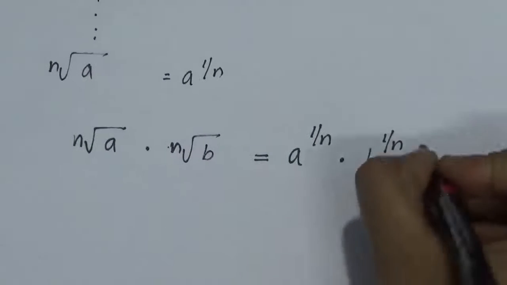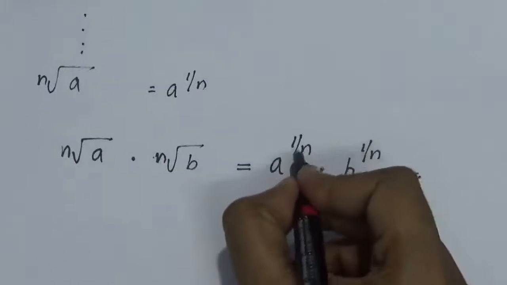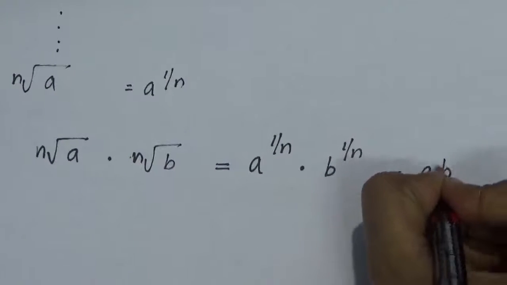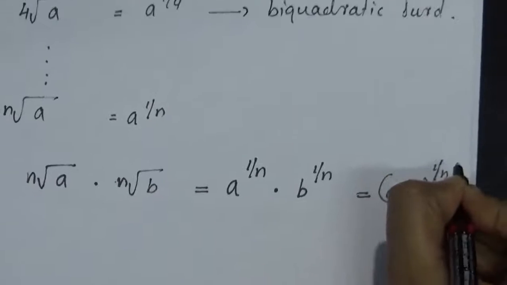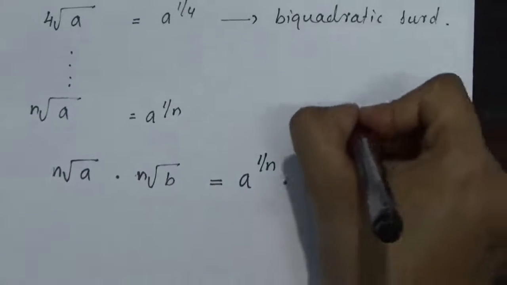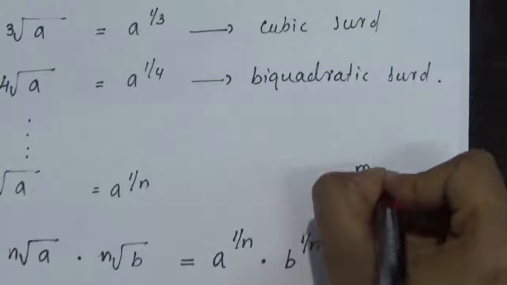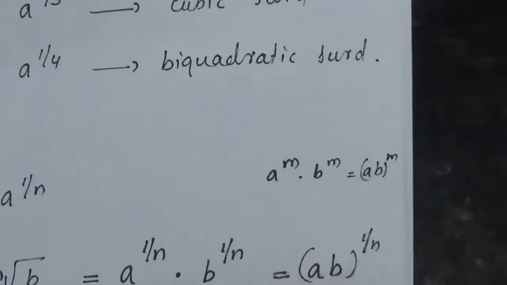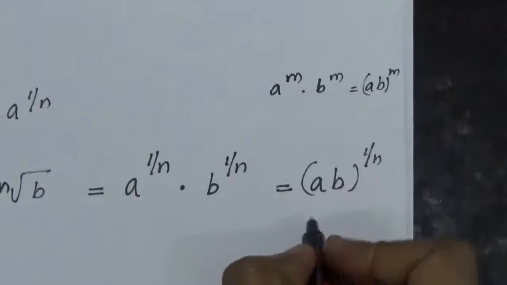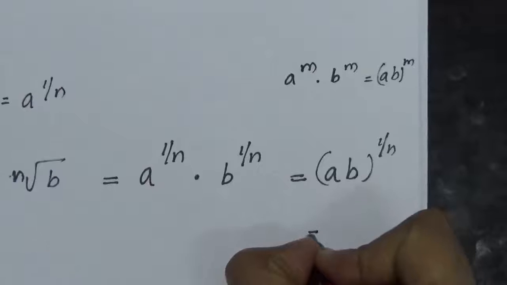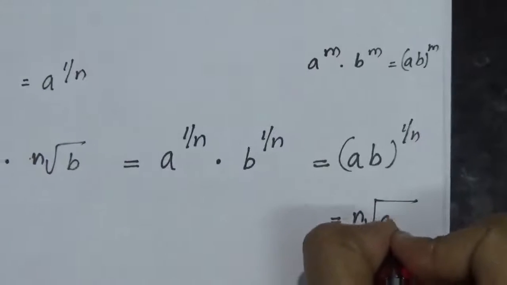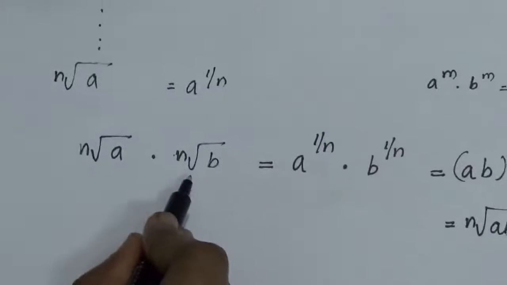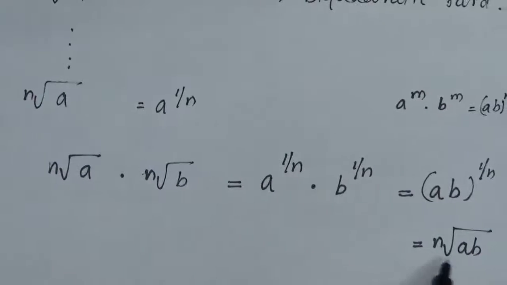So you can take the same exponent outside. So this can be written as ab raised to 1 by n, because we have studied one law of exponents, that is a raised to m into b raised to m is equal to ab raised to m. So we get ab to the power 1 by n, which is the same as nth root of ab. So remember this: nth root of a into nth root of b is equal to nth root of ab.